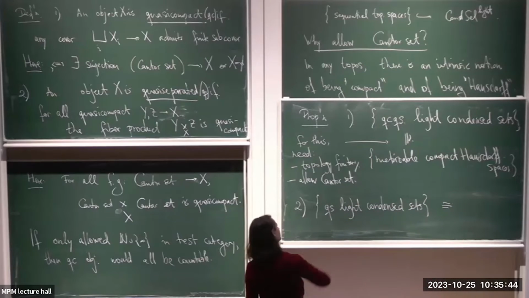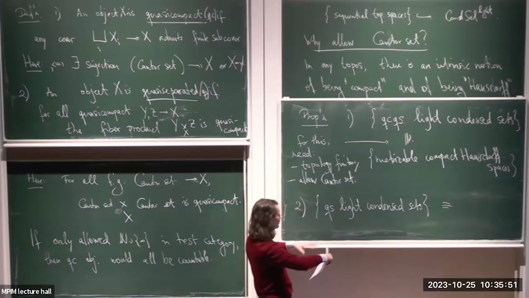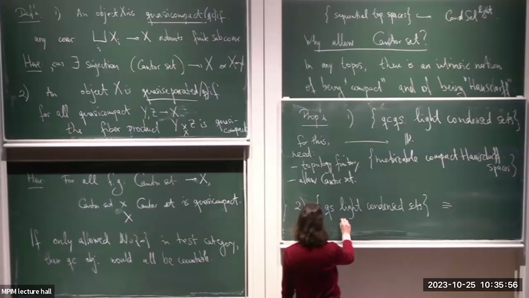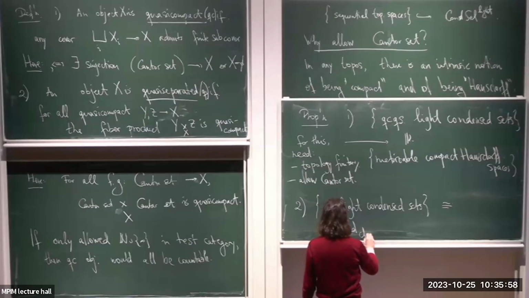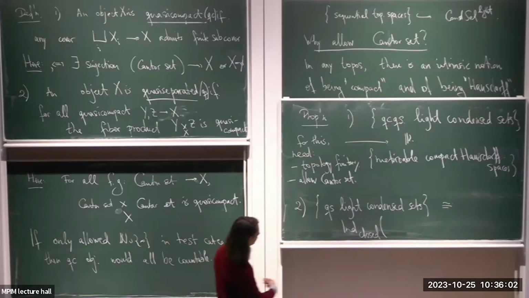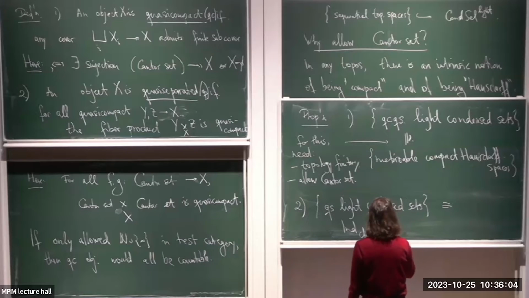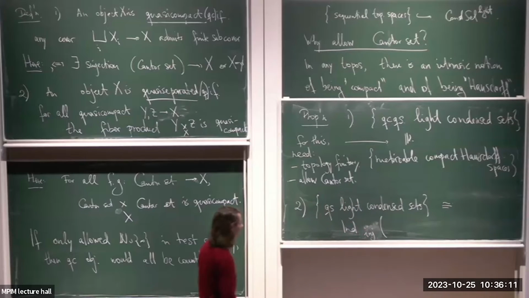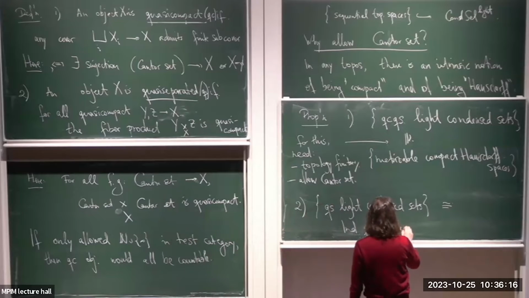So we know that the metrizable compact Hausdorff spaces are allowed. And in general, you should think of these as being rising unions of quasi-compact subsets. And so in fact, they are exactly the Ind category where all the transition maps are closed immersions, let me write injections, really. All maps are closed, I really care that they're injective, in which case they automatically are closed immersions of metrizable compact Hausdorff spaces.